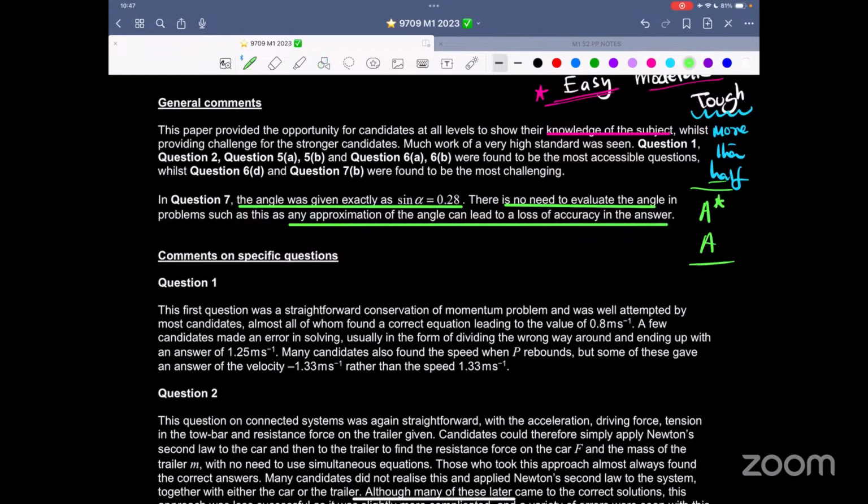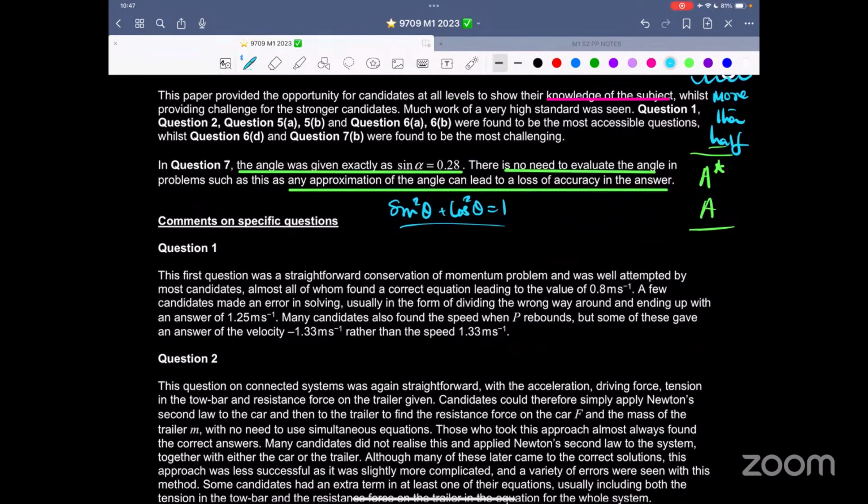So either you work with the identity sine squared theta plus cos squared theta equals 1, and in that case cos theta comes out to be 0.96, or you work with a triangle. For example, if sine of alpha is 0.28, let me work it out.